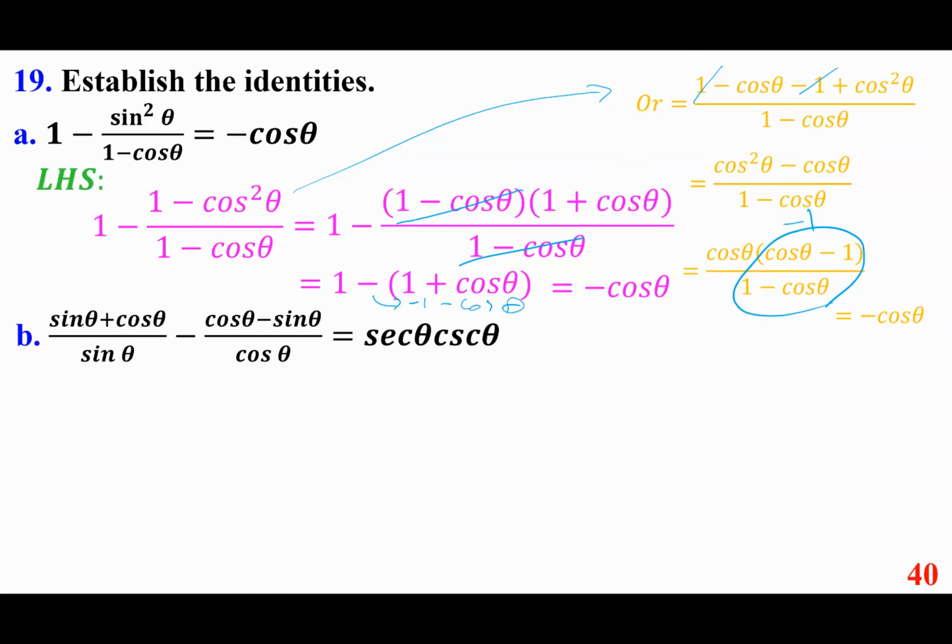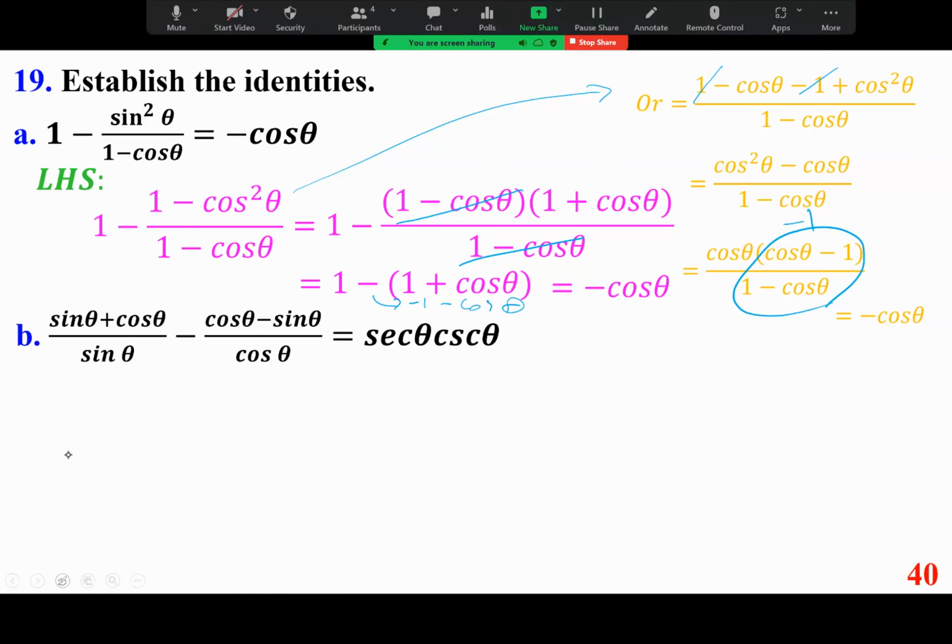Again, the left-hand side is more complicated. So let's do the math. By taking a common denominator, multiply this one by this one, minus you multiply this one by this one, sine theta, cosine theta, or cosine theta, sine theta is your common denominator.